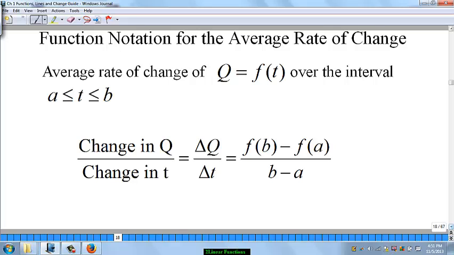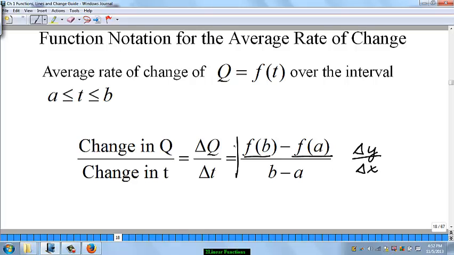And again, I'm showing you this notation because it kind of throws people off. But if I'm looking for the change in Q over the change in time, I'm going to take two different points. And when I say f of b minus f of a, you're looking at the change in your y's, again, all over the change in your x's.